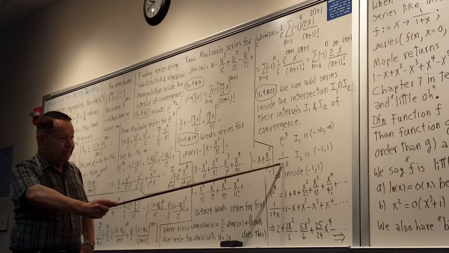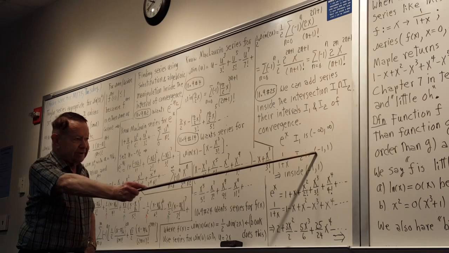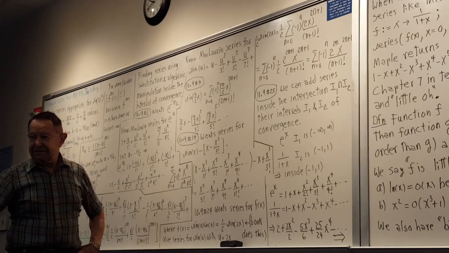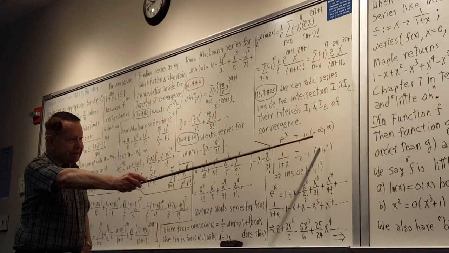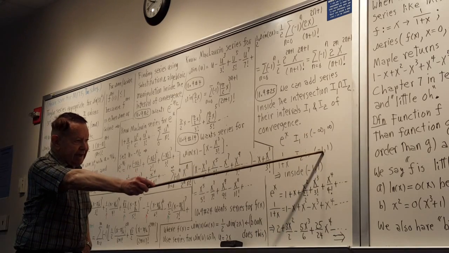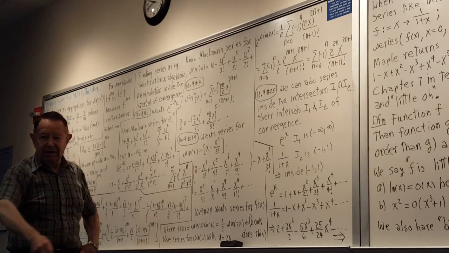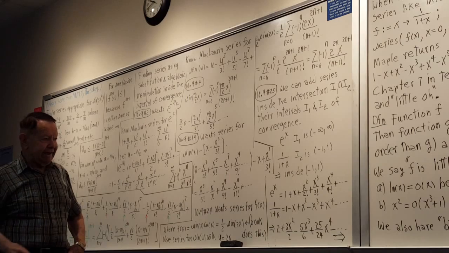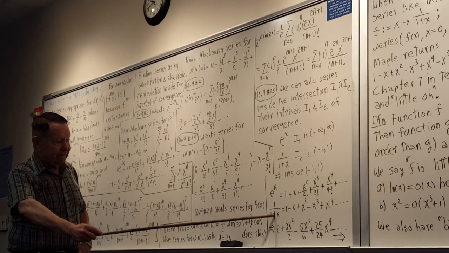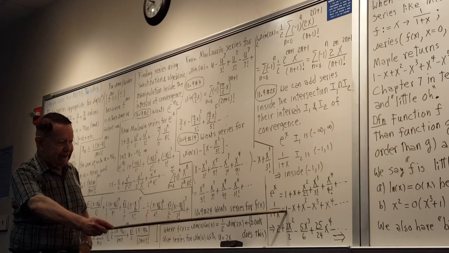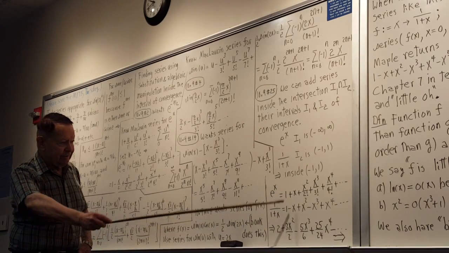And for 1 over 1 plus x, the interval is the open interval, minus 1 to 1. So the intersection of this with that is minus 1 to 1. So inside that, you can take the e to the x series and the 1 over 1 plus x series and add. So 1 and 1 are 2.